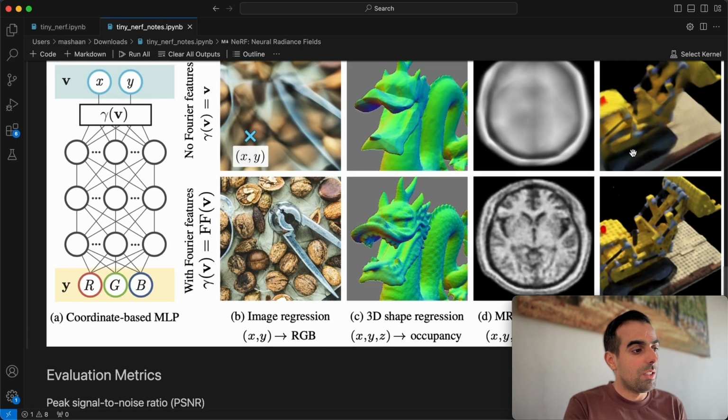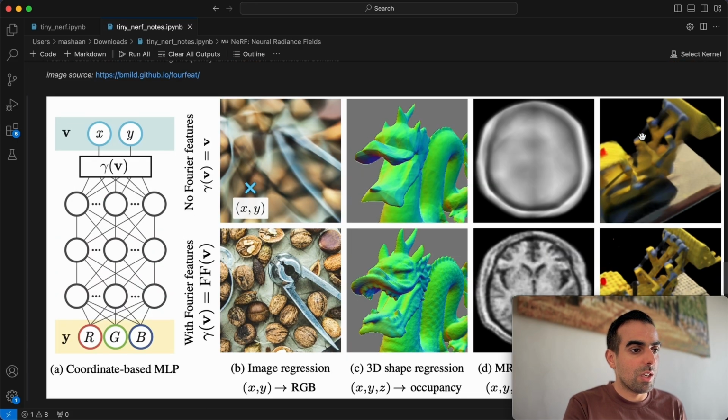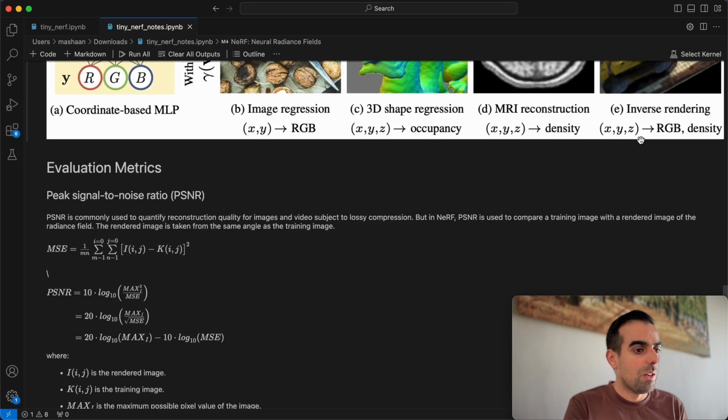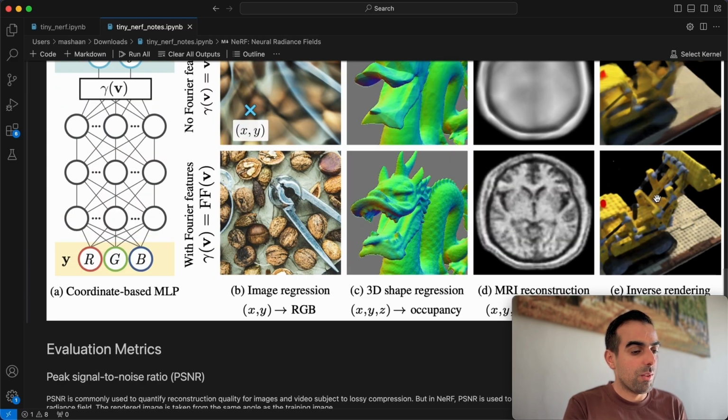So here it's blurry because you take the XY coordinates, but you can improve the vision task by just plugging these coordinates into Fourier features.